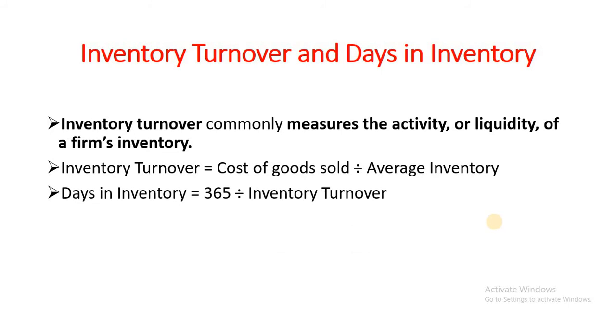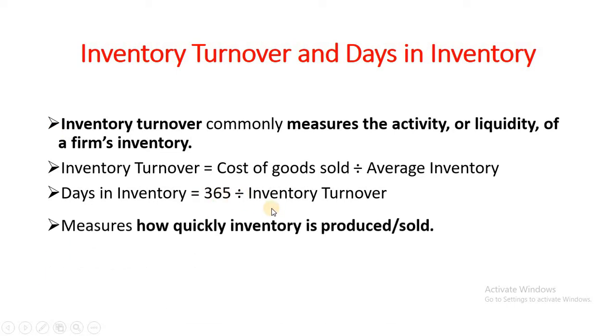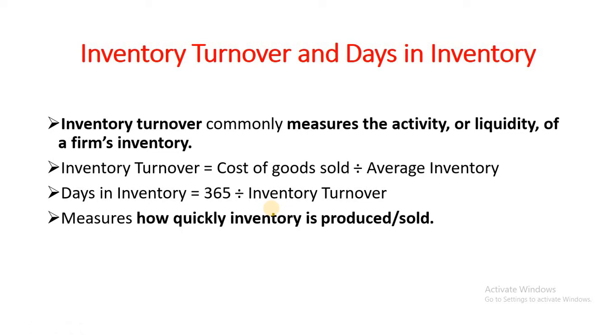It is more meaningful if we convert this ratio into days. We can convert this ratio into days in inventory, which is equal to 365 divided by inventory turnover. Over here 365 indicates the number of days in a year. So overall, inventory turnover and days in inventory ratio measure how quickly inventory is produced or sold out.